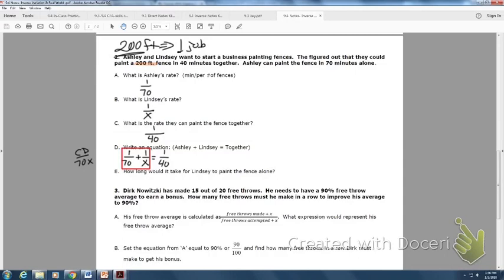What that first denominator is missing is x, so I'm going to multiply it by x over x. 1 times x is x. 70 times x is 70x. Plus the second denominator, which is just x, I need to multiply it by 70.